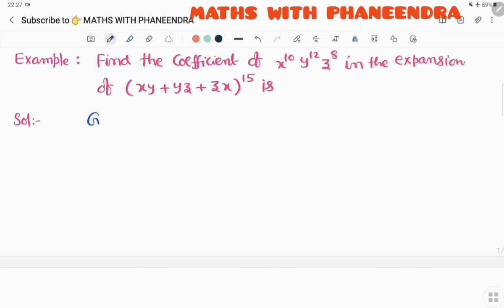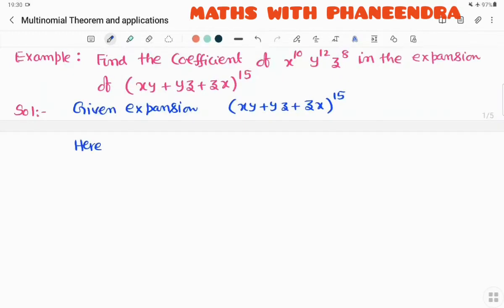First what we have to write is: given expansion is xy plus yz plus zx whole power 15, and here we observe that the sum of the powers 10 plus 12 plus 8 is equal to 30.